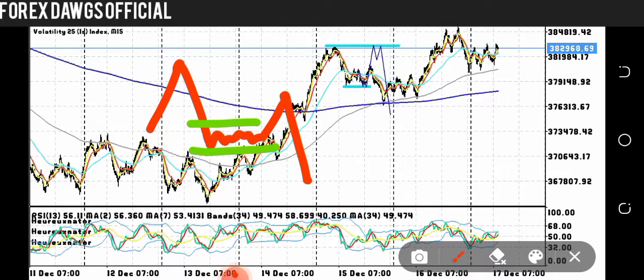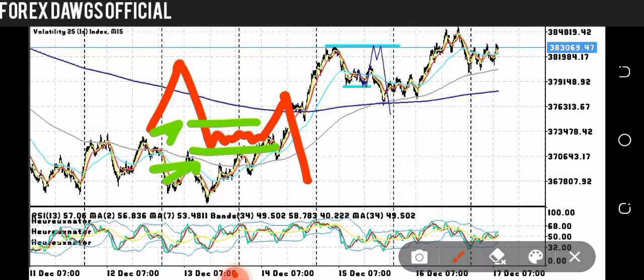In most cases the market maker creates consolidations so that we retailers see something like support and resistance. You can actually see this is our resistance, this is our support. With that resistance and support, many retailers, when they see the graph going up here, sold at this point.